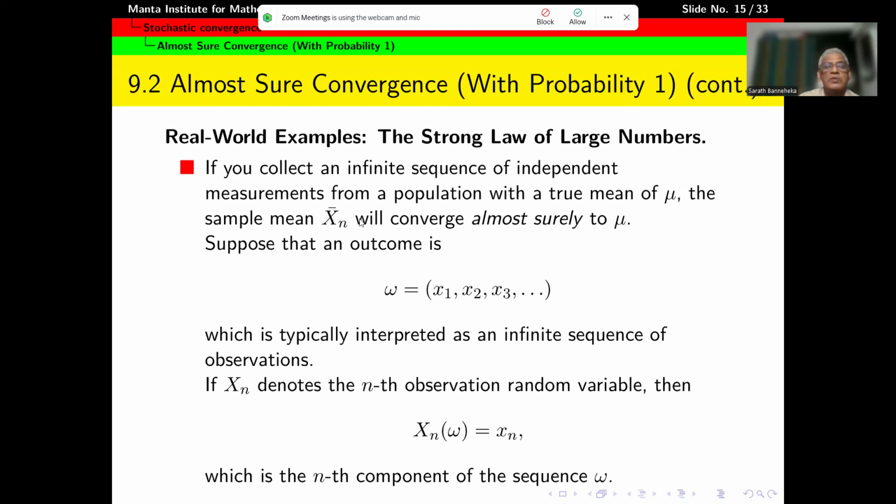Right. Okay. So here, suppose that an outcome is omega, where omega is an infinite sequence of observations, or possible observations, x1, x2, x3, and so on. If we take observations from a certain population, this population of interest, right?